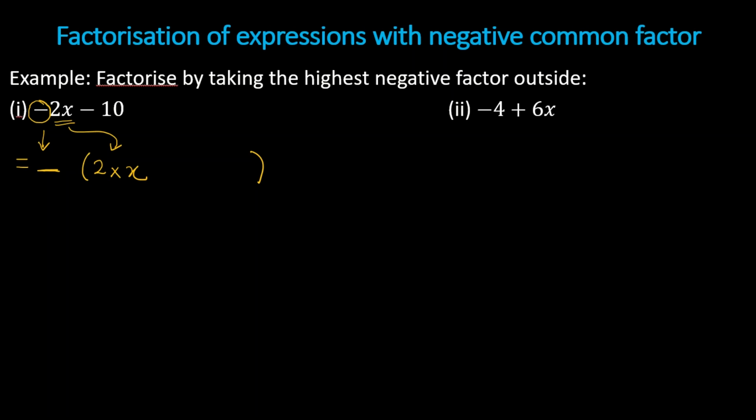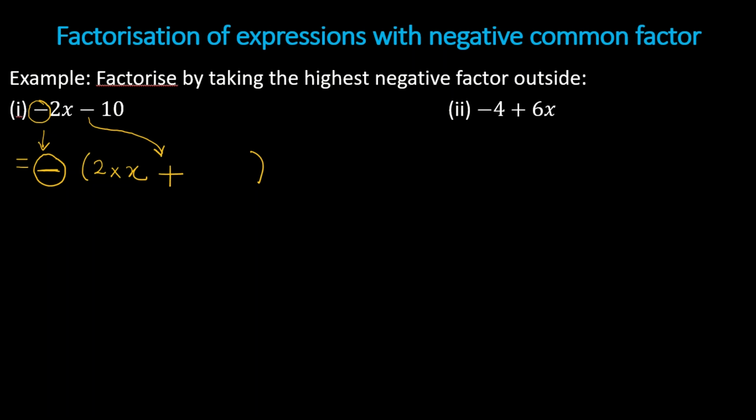Now, you have to be very careful here. Since we have taken out the negative sign, and here we have negative, this sign here is going to change to positive.